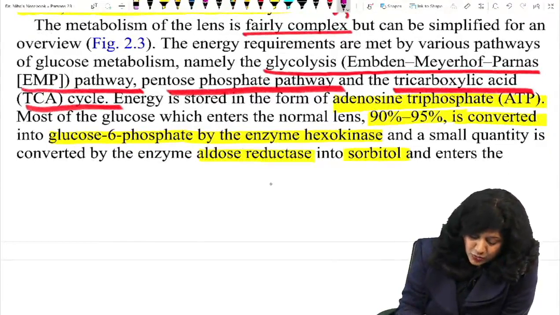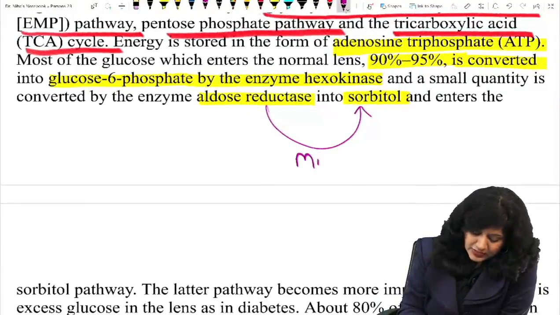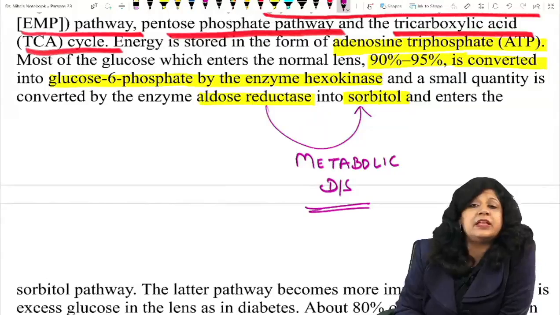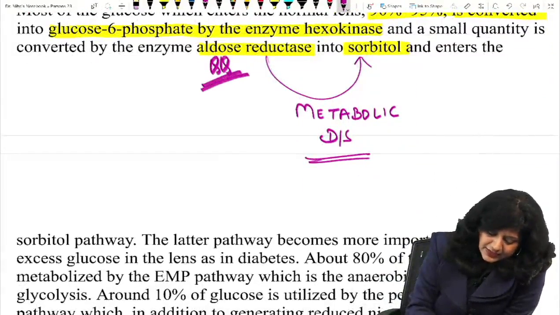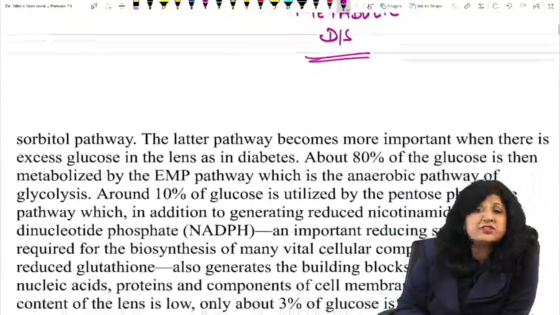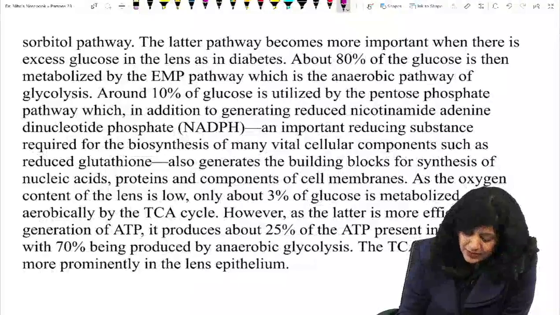So again you know that this aldose reductase converting into sorbitol takes place only in metabolic diseases or conditions. Normally this sorbitol pathway does not take place, and the name of the enzyme is again important: the aldose reductase enzyme, which is responsible for the sorbitol pathway. Alright, the latter pathway becomes more important.